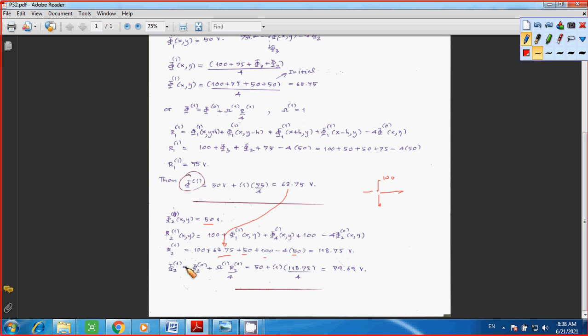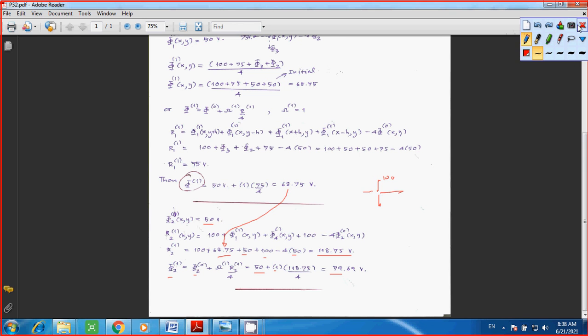So your phi 2 equals phi 2 from the 0 iteration plus omega from the first iteration multiplied by R2 from the first iteration divided by 4. 54 is the phi 2 from the 0 iteration. Omega from the first iteration is 1, and this is your R2, 118.75 divided by 4. You end up with phi 2 equal to 75.694.